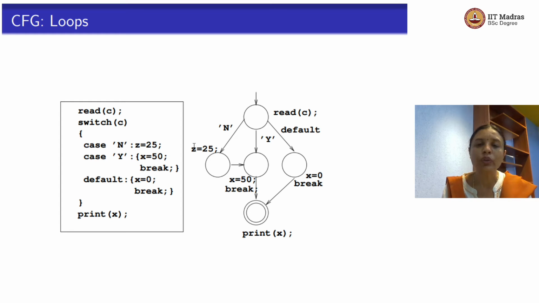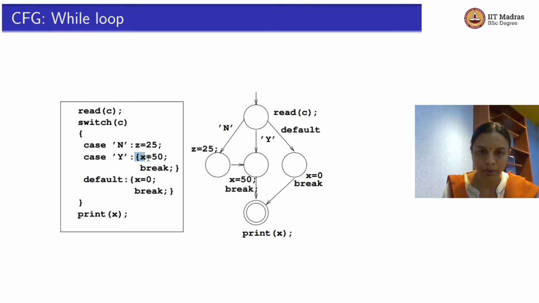When the case is no, the node corresponding to the statement is this one, Z is equal to 25. When case is yes, then this part is given in this node. And when the case is default, then you have this part, which is given by the last node.